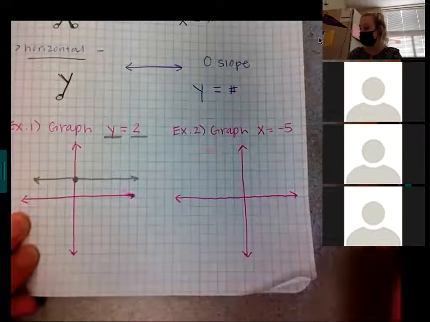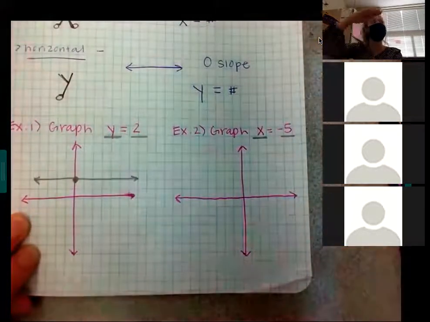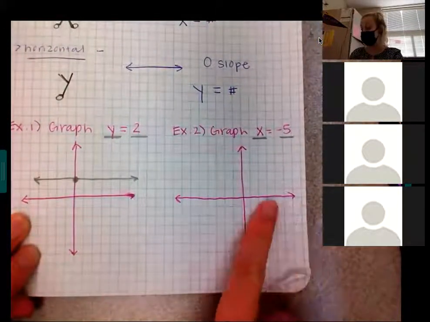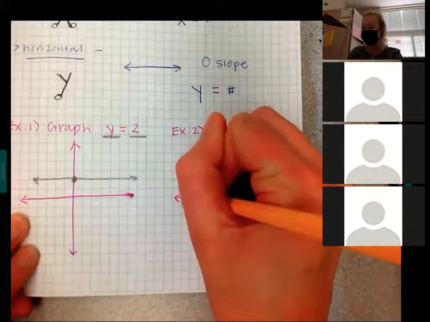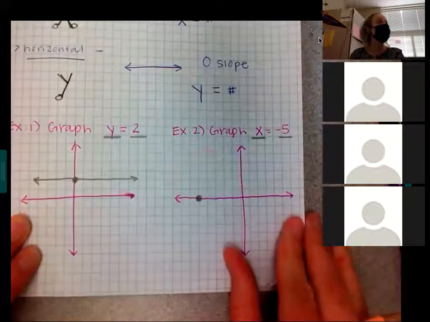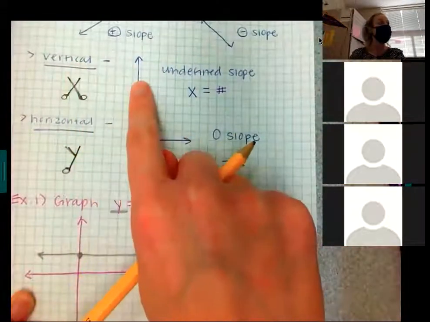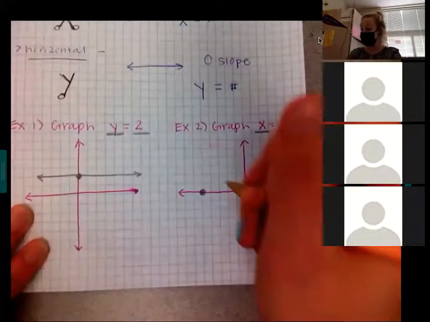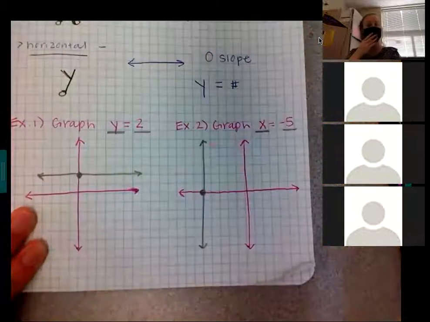This says X is -5. So you should have gone to -5 on the X axis. So that means left. 1, 2, 3, 4, 5, left 5. Now remember your corny trick. X equals lines are vertical. They stand up, right? So you should have drawn it standing tall.